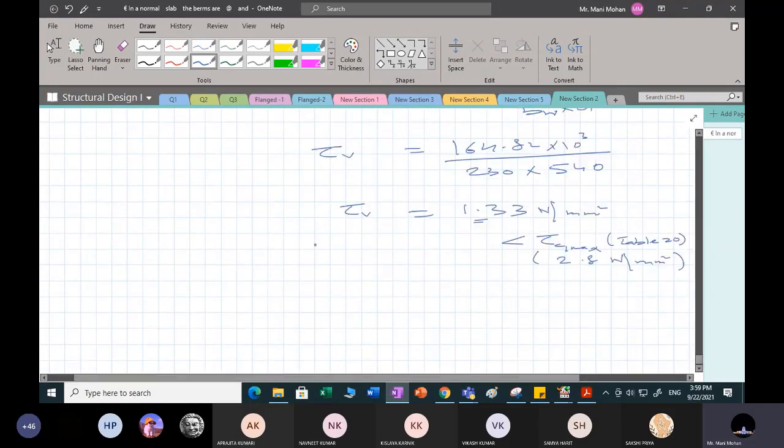Please make this note. When you are designing any beam and you find tau V to be greater than tau C max, it means you have to revise the depth of the beam, because I would like to have less nominal shear stress. I can achieve this by either changing the width or the depth of the beam.